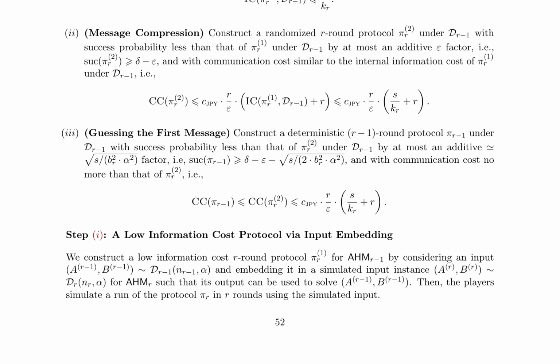The communication cost of pi r-1 is no more than that of pi 2 r, and the success probability is reduced by at most an additive r s, 2b2 r alpha 2 factor. This lemma provides a way to construct a deterministic r-1 round protocol for AHM r-1 with a communication cost and success probability that are close to those of the original r round protocol pi r for AHM r.